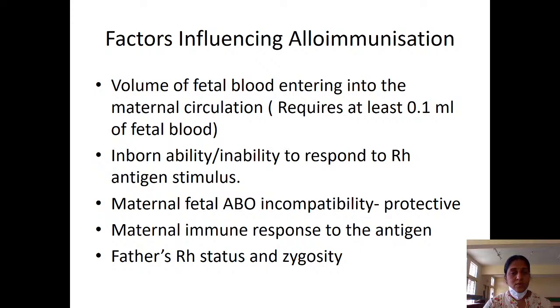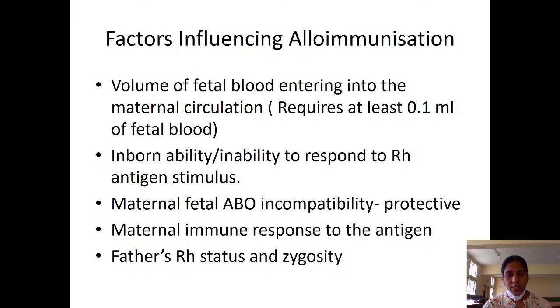The second thing is inborn ability or inability to respond to Rh. Some women are non-responders to the Rh antigen, and some are hyper-responders. So depending on the woman, there will be production of the antibody. Next is maternal-fetal ABO incompatibility.